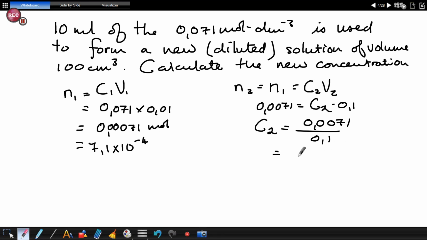And then that one is still minus 3. I'm missing a zero there, so that must go there, and this is 7.1 times 10 to the minus 3 mole per cubic decimeter.